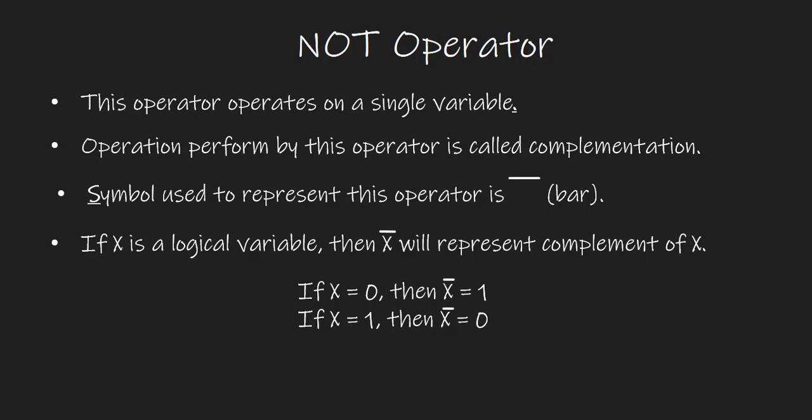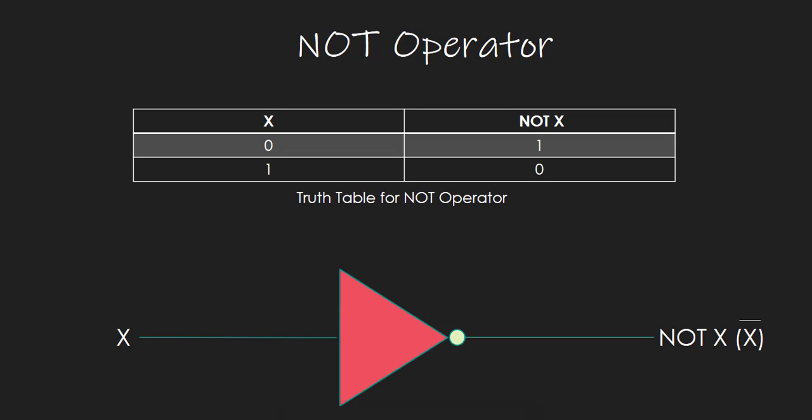We can also summarize this information in the form of a table, as shown here. In the table, we have two columns. One is x and the second column is NOT x. Since x is a logical variable, what is the possible value that it can have?